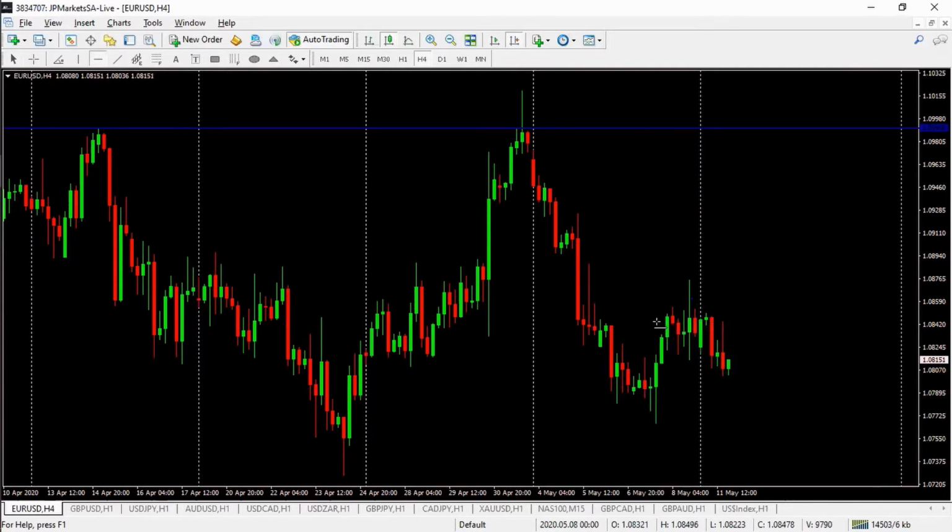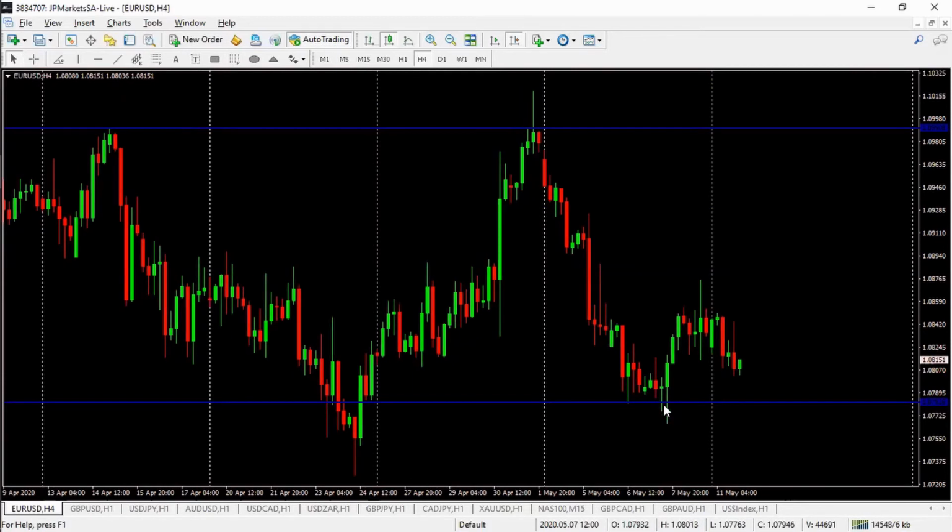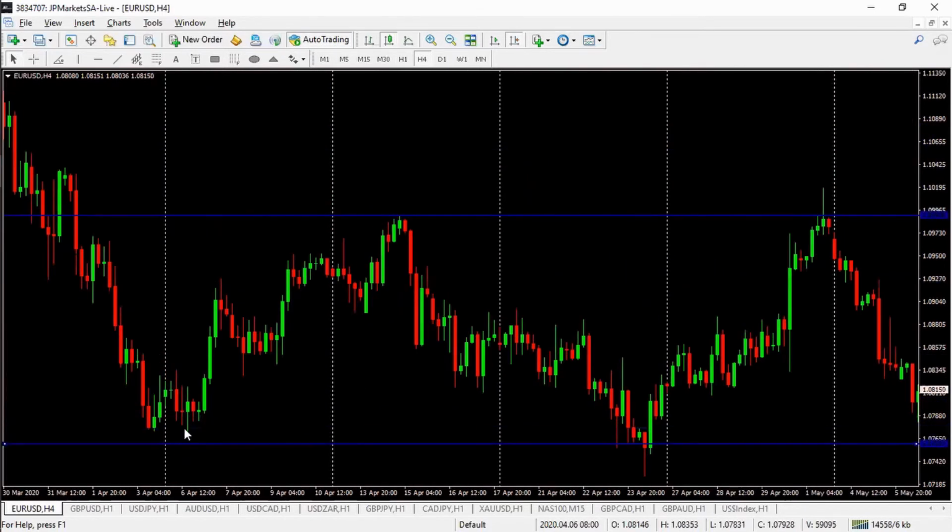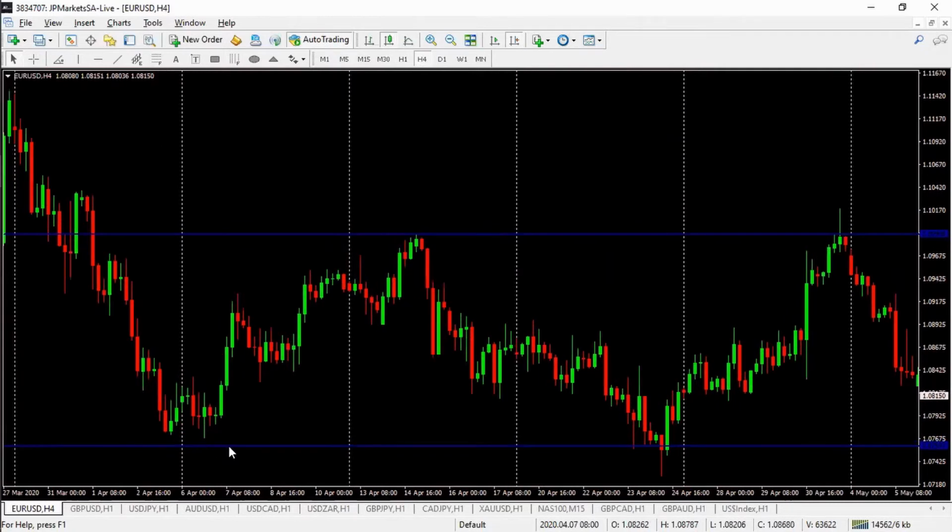So what do I think can happen here is this will come to this level right here, which was a structure that was respected within 2 days.